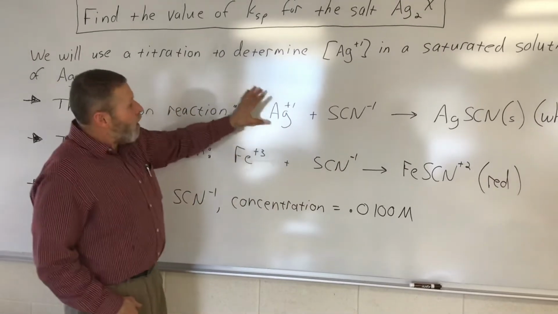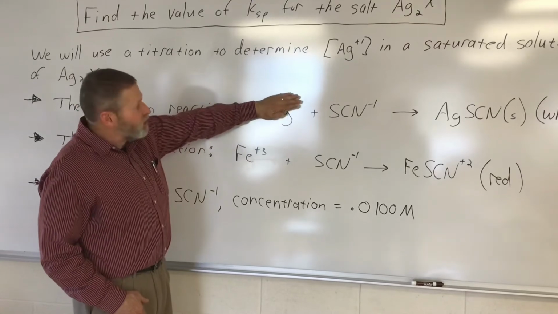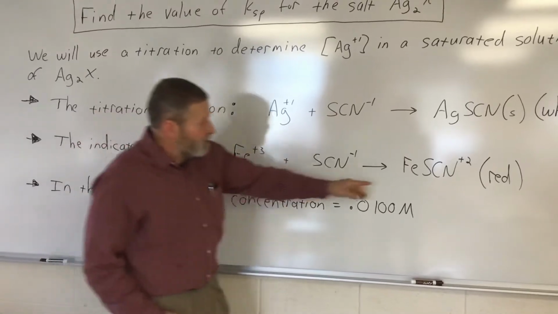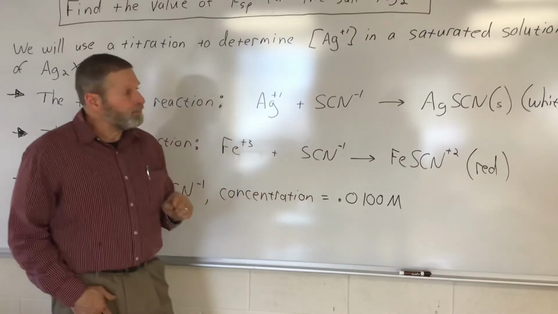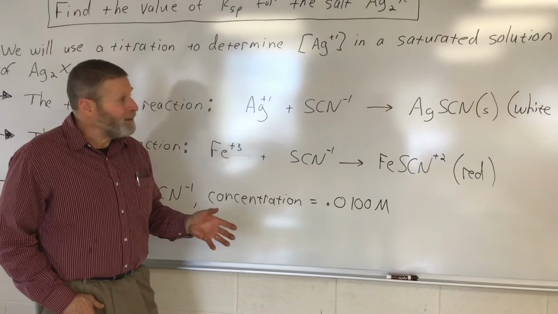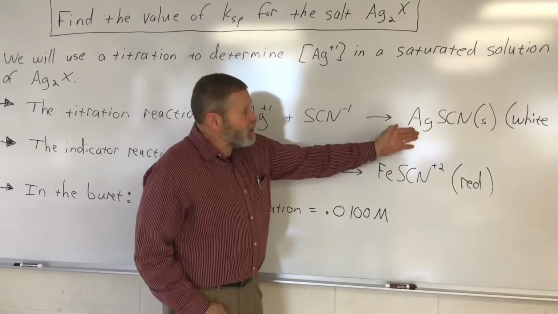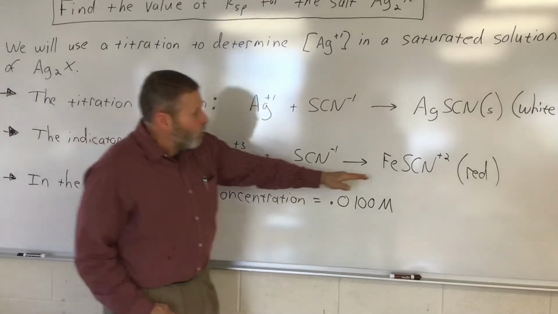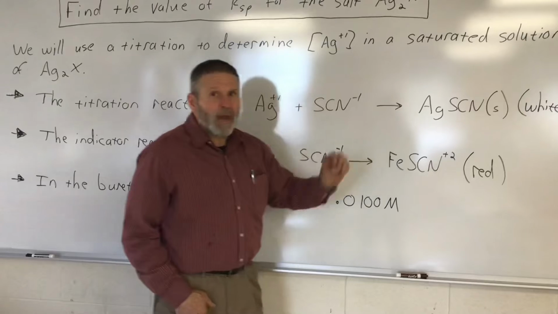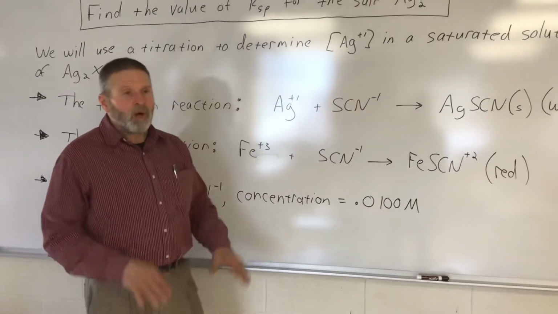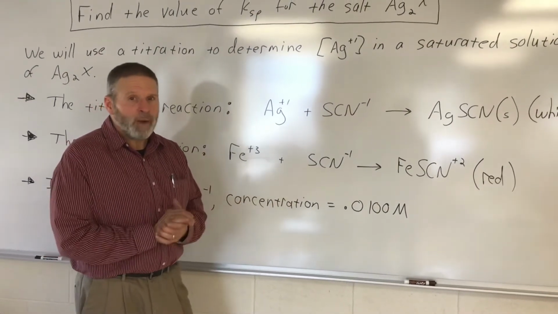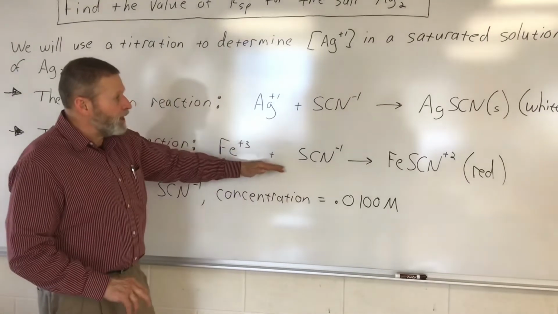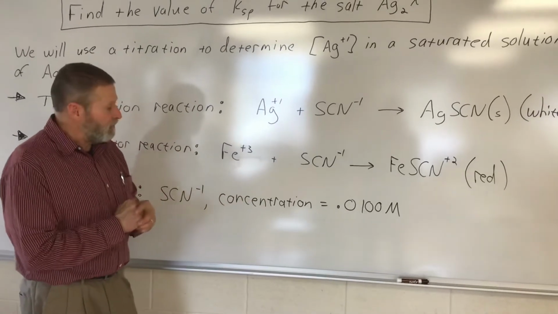But as soon as all the silver's been used up, the iron reacts with the thiocyanate and you start to get a red color. It's a little bit of a tricky endpoint because it's going to look like a milky white color from the AgSCN. We're looking for when that first hint of red starts to show up, going from white to kind of a dingy red color. As soon as we see this red showing up, that tells us to stop titrating.